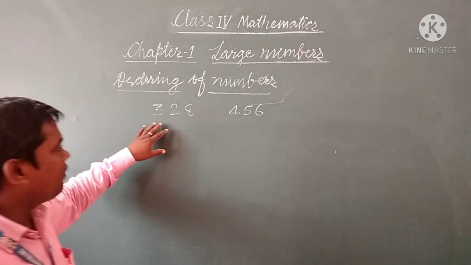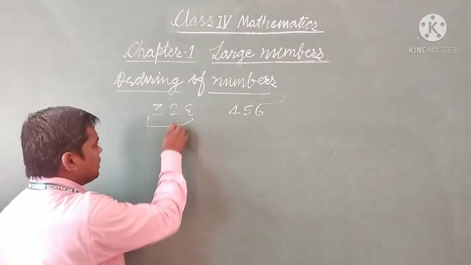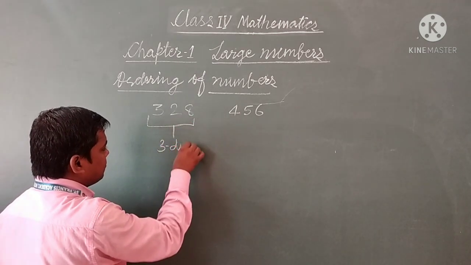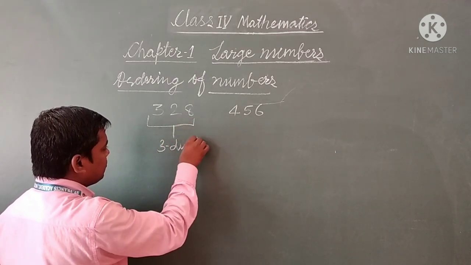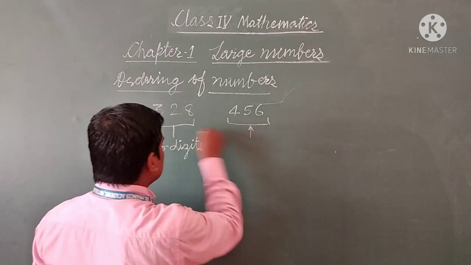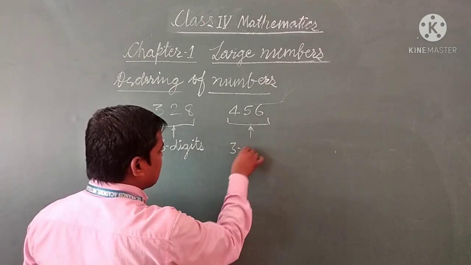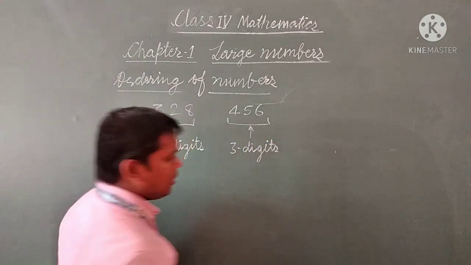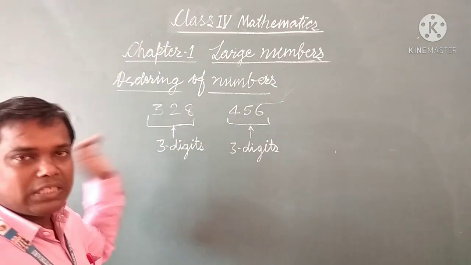As in this case, we are having 3 digits here, and in this case also we are having 3 digits. Now, which one is greater and which one is smaller?